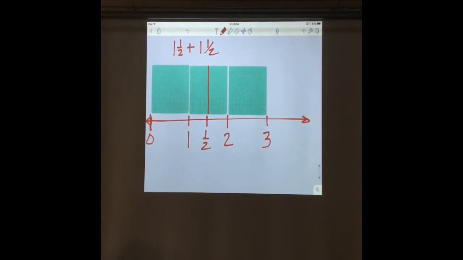So now, you know what I'm going to do? I think I'm going to change colors and see if that might make this a little bit easier. I'm going to go with blue. Okay, so what are we going to shade in for our 1.5?